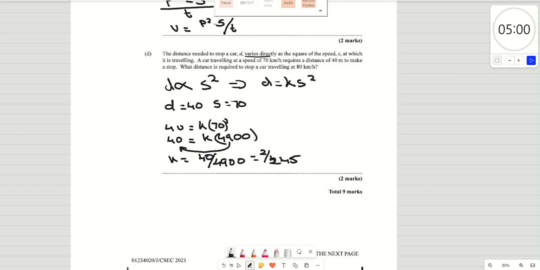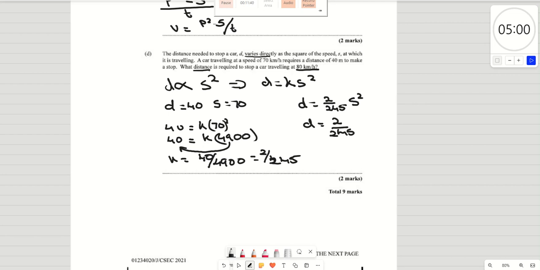So now that we know this, let's see what the second part of the question says. What distance is required to stop a car at 80 kilometers per hour? So they want to know what d is equal to. So d is equal to k, which is 2 over 245, s squared.